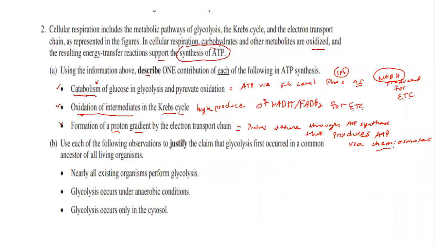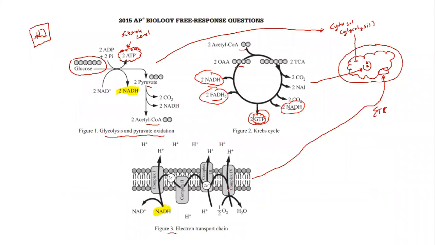So that process of chemiosmosis is those protons diffusing back down. This is showing you as these protons get built up. It doesn't look like it shows what's happening with ATP synthase, but technically there would be ATP synthase here and these protons would diffuse down.